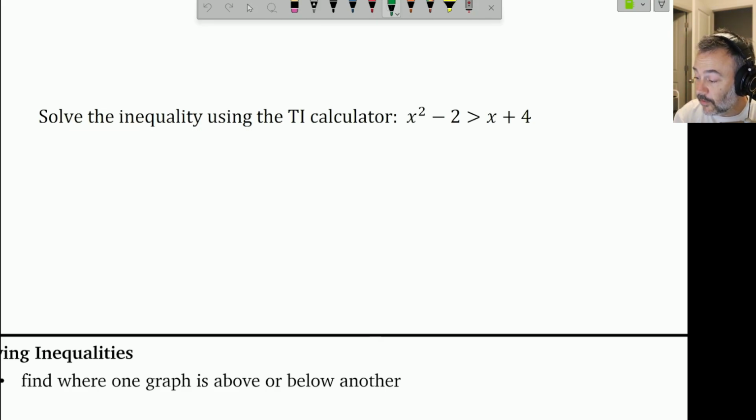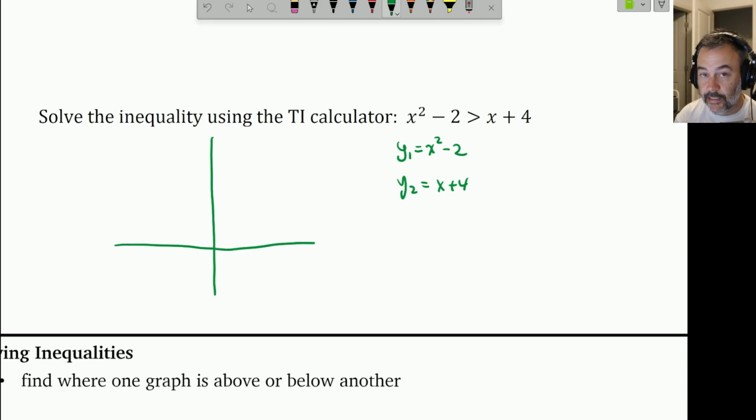And reminder, the way we do it is we graph each side of the inequality, like y1 equals the left-hand side and y2 equals the right-hand side. Now what you will see, we'll graph it more precisely in just a second, is a parabola that looks like this and a line that looks like this.